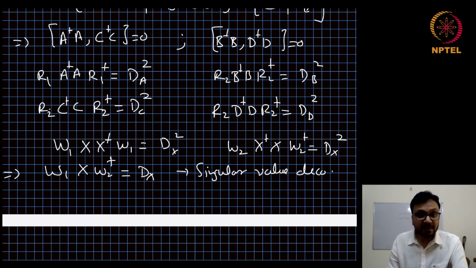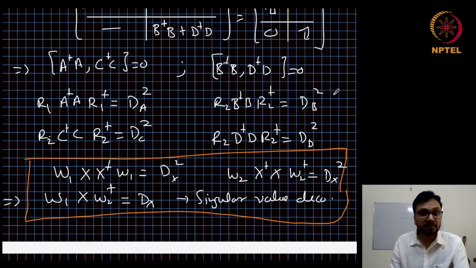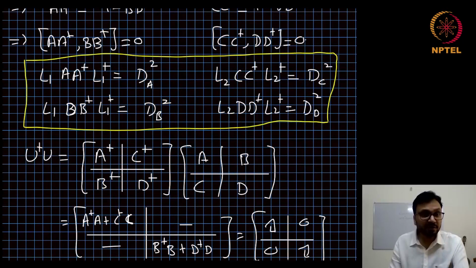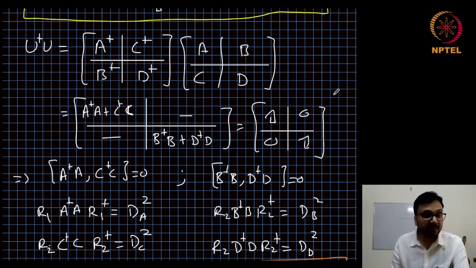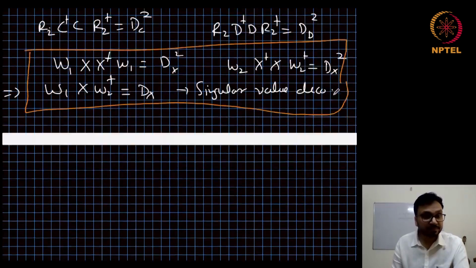So why are we mentioning this? Because from our analysis so far, we have L1 which diagonalizes A A dagger, and we have R1 which diagonalizes A dagger A. So it means we have L1 A R1 dagger equal to dA.